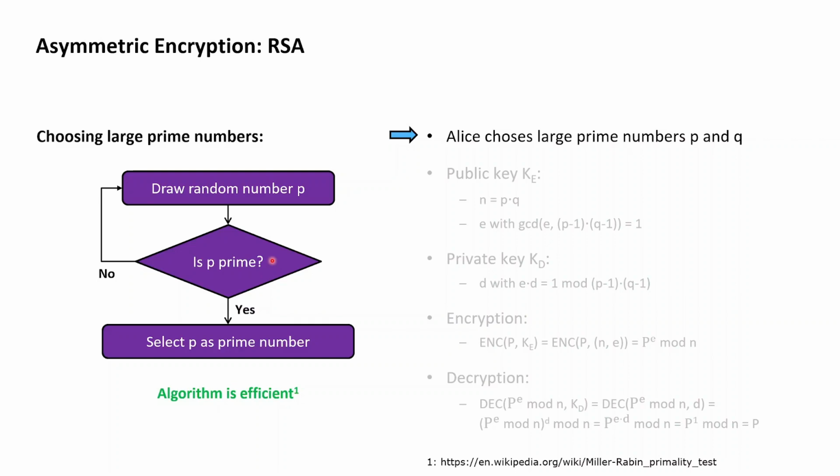What's now done by libraries such as OpenSSL is to just ask this question whether P is prime a couple of times in a row and only conclude that P is prime if the answer to all of these questions was yes.